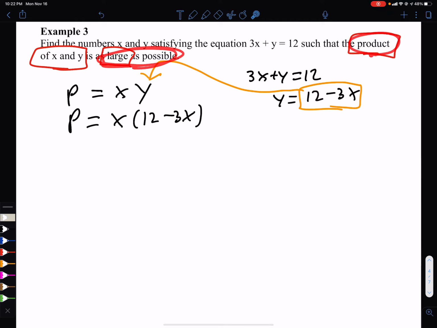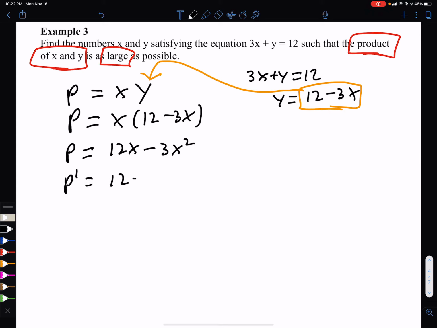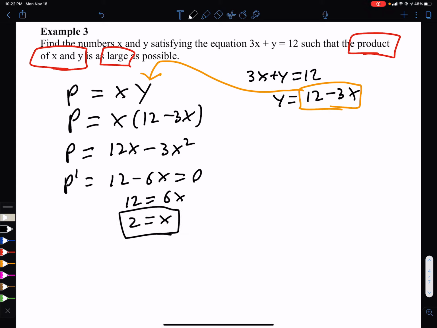Largest possible for the product. So how do you find the maximum? We know maximums occur at critical points and endpoints. So I will take the derivative, set that equal to 0 to find my critical points, add 6x to both sides, divide both sides by 6, and there is my critical point 2.